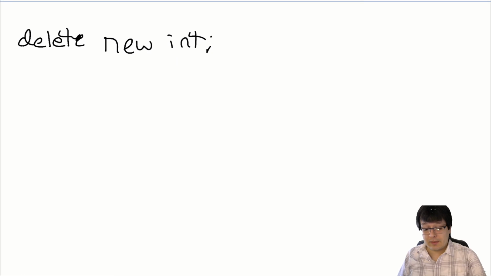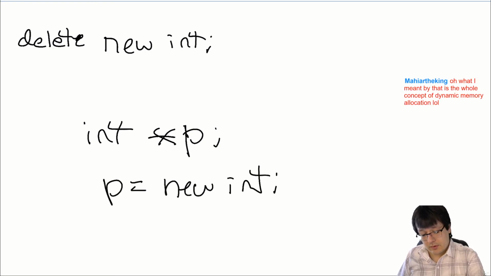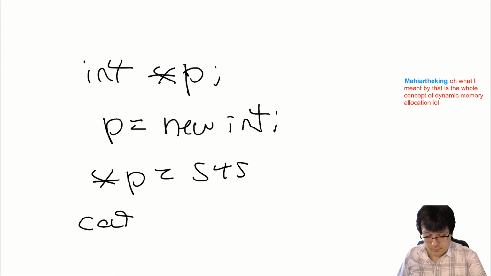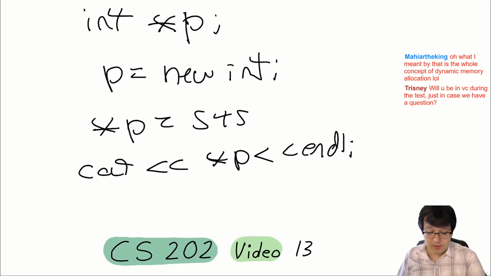Better usage of that. Let's make a pointer. All right, let's allocate that pointer. Cool. Let's do something with the pointer. Cool. Let's deallocate the pointer to not have memory leaks.